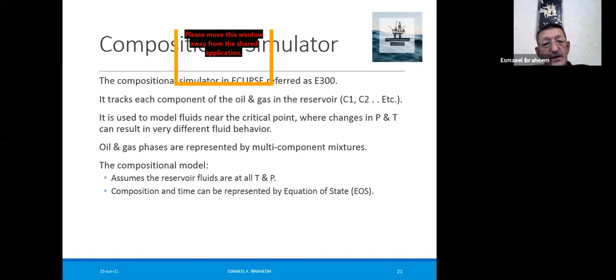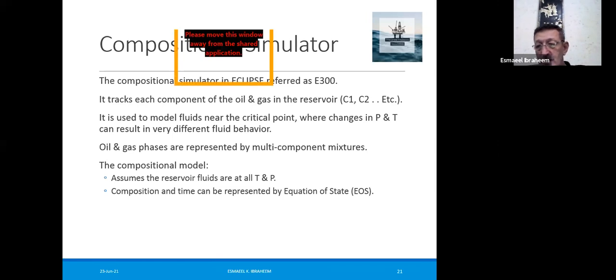The compositional simulators in Eclipse, for example, I'm taking here the Eclipse example, and you may have some other simulators, we will show it later. The compositional simulator in Eclipse is referred to as E300. It tracks each component of the oil and gas in the reservoir, C1, C2, and so on. It is used to model fluids near the critical point, where changes in the pressure and temperature can result in very different fluid behavior.